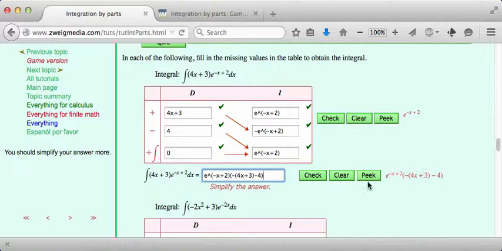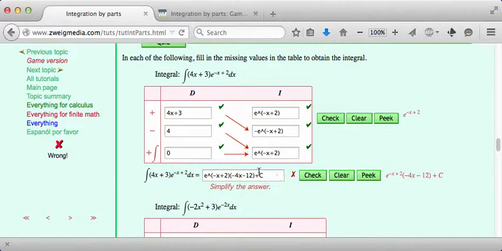Notice that's what I have, plus c. Is that simple enough? No, still not happy. Because look at that. I've got negative 4x minus 3 minus 4 is minus 12. So this should really be a negative 4x minus 12. Hopefully that's happy now. And it's wrong.